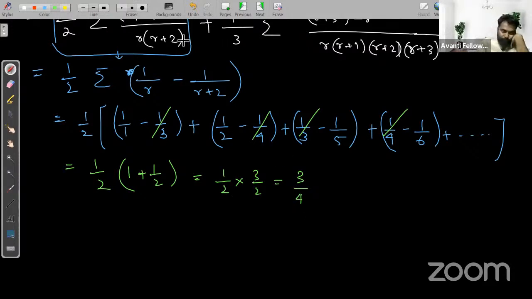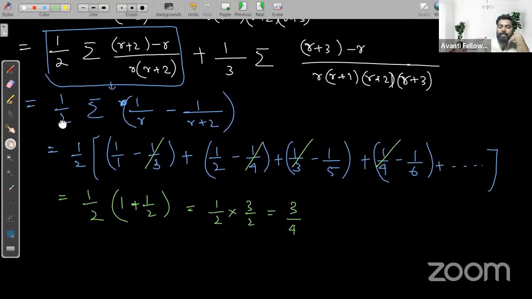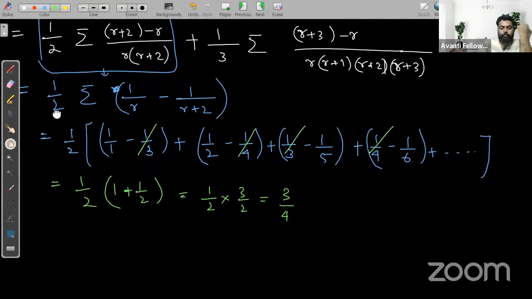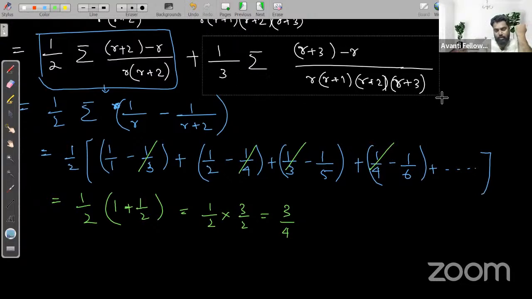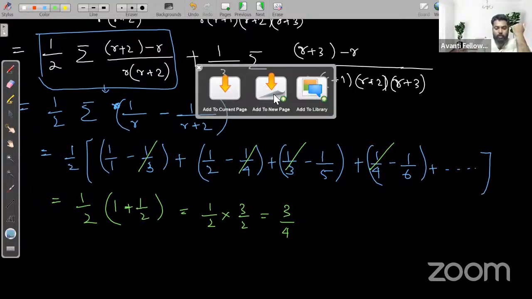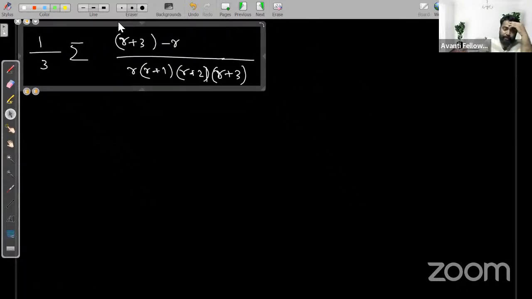Now, if we take this one, 1 by 3 into, now try to open this one. I'm taking this to next. Let's see, if you open this one, what will happen? See here.